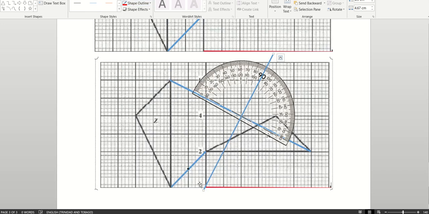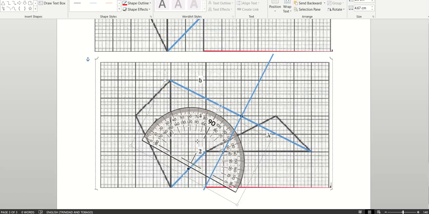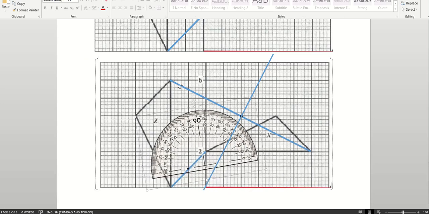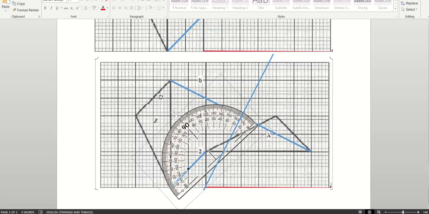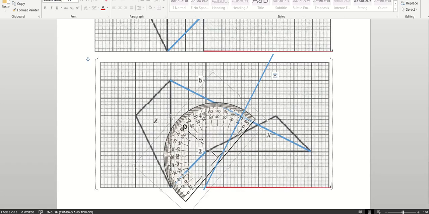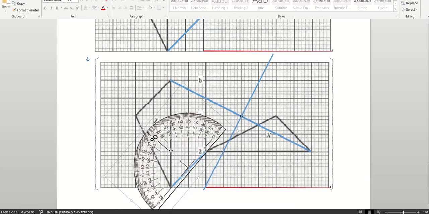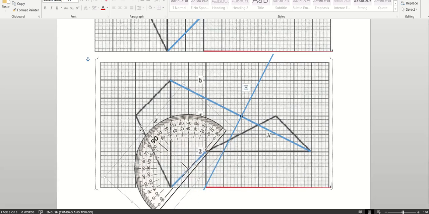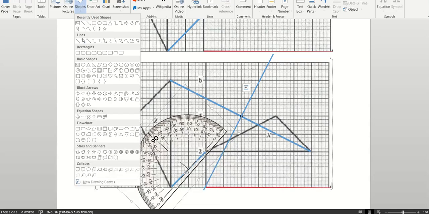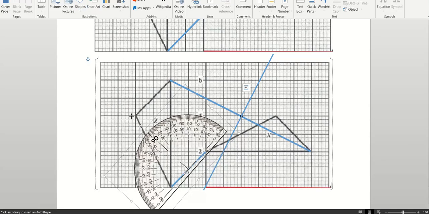Right, and then the next one, we're going to make a perpendicular bisector of this line here. And then we're going to draw the next line.